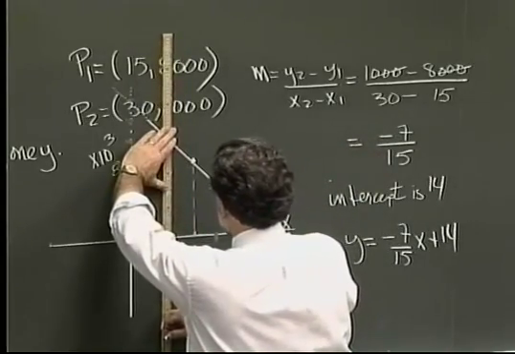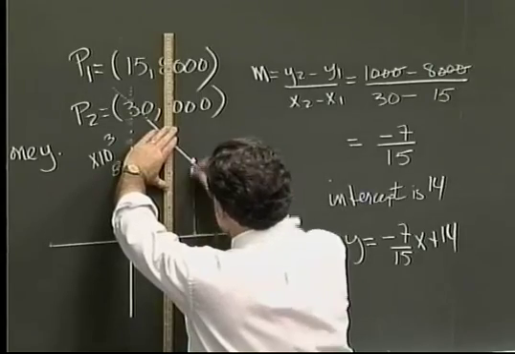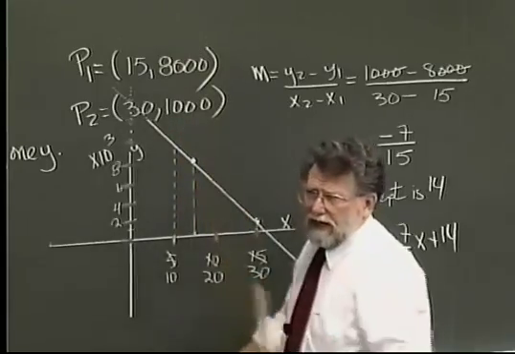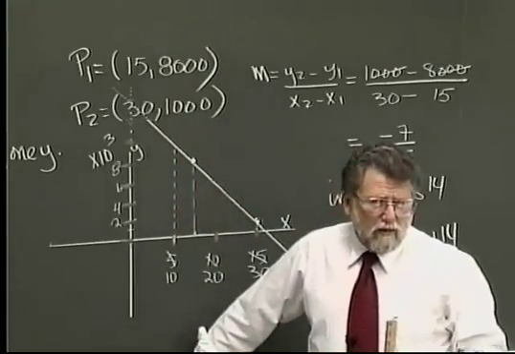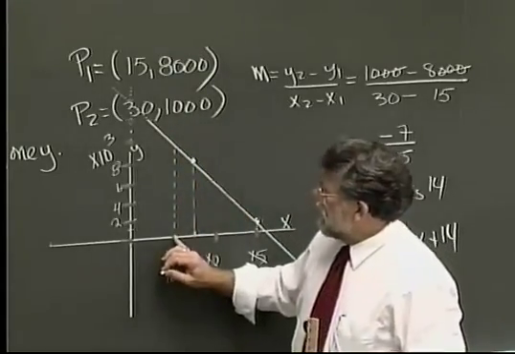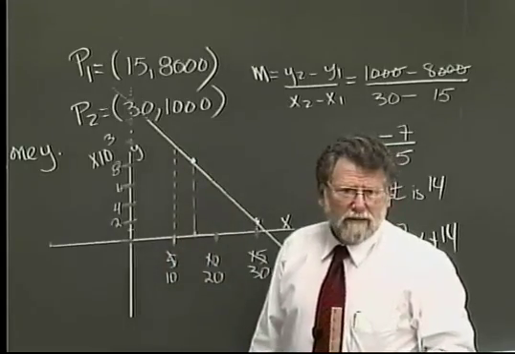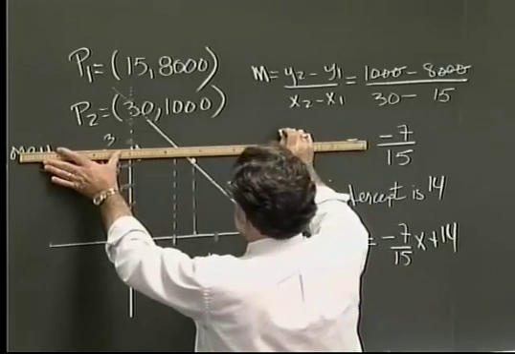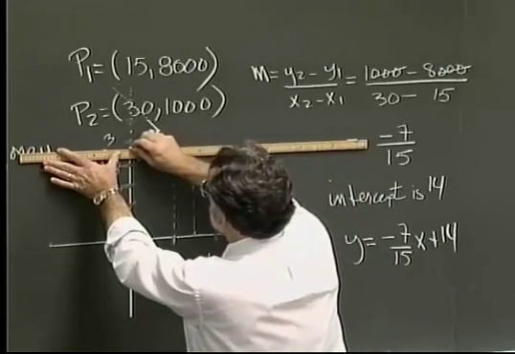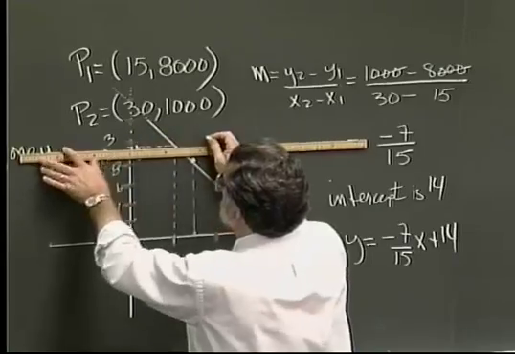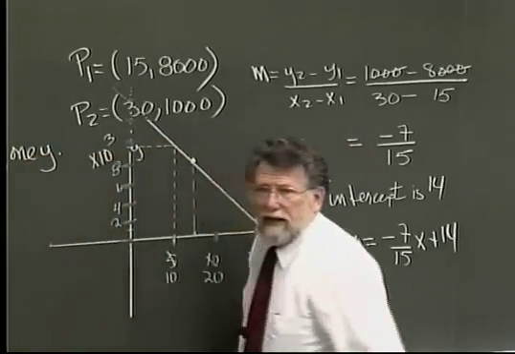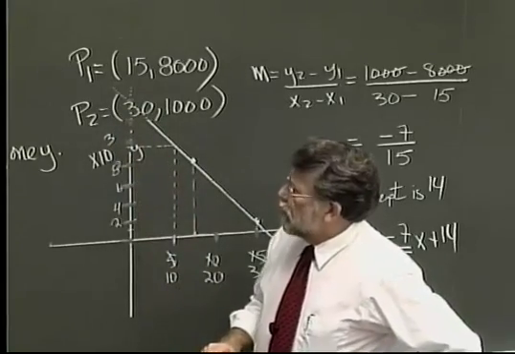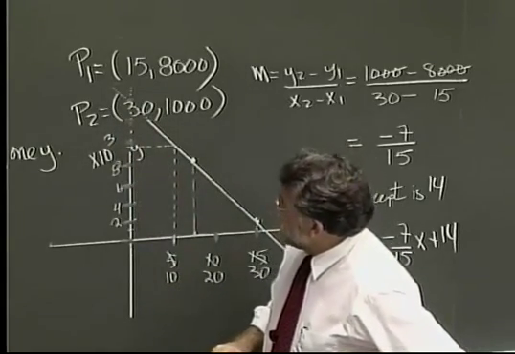So if I had X was $10, is that the question? To estimate the demand? Now this is a process I expect students to be able to do in a stat course. If X is 10, you draw a vertical line until it does what? It crosses the line. Then you do what? A horizontal line coming over, and then you're what? You're going to then interpolate, like I did up here, what the appropriate demand is going to be.